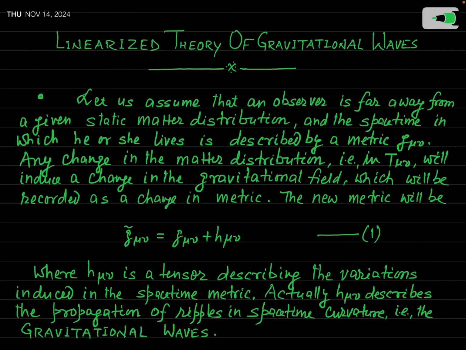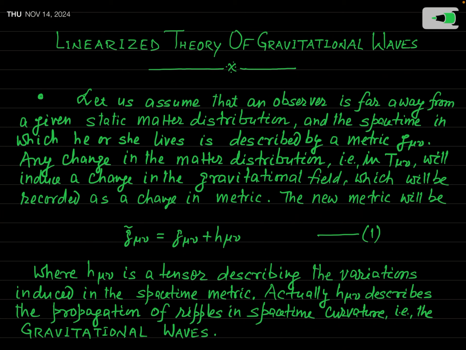When you talk about the theories of gravitational waves, as I told in my introductory lecture, these waves were postulated by Einstein himself when he proposed his theory of general relativity. So when we talk about the theory of gravitational waves, you must have in your mind the basic equation of general relativity, which is called Einstein's field equation.